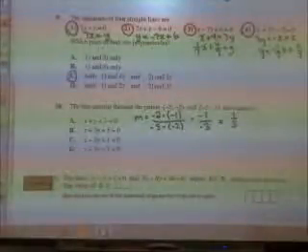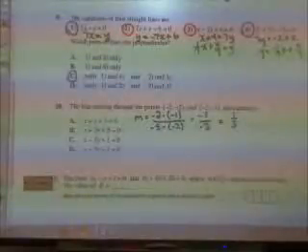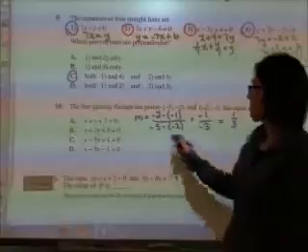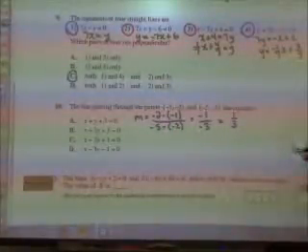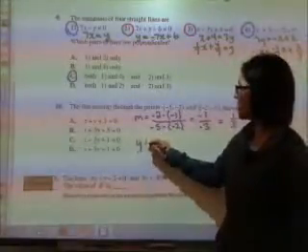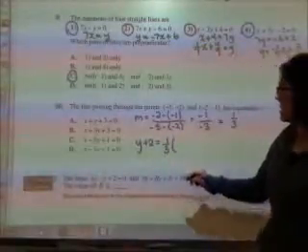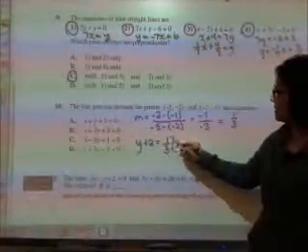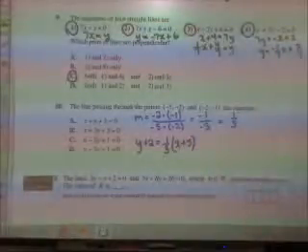How do I use the slope to write my line? Slope point form. So which point do you want to choose? The -5 and -2? So I get y minus -2, which becomes a y plus 2, equals m times x minus x1. So x minus -5 becomes x plus 5.